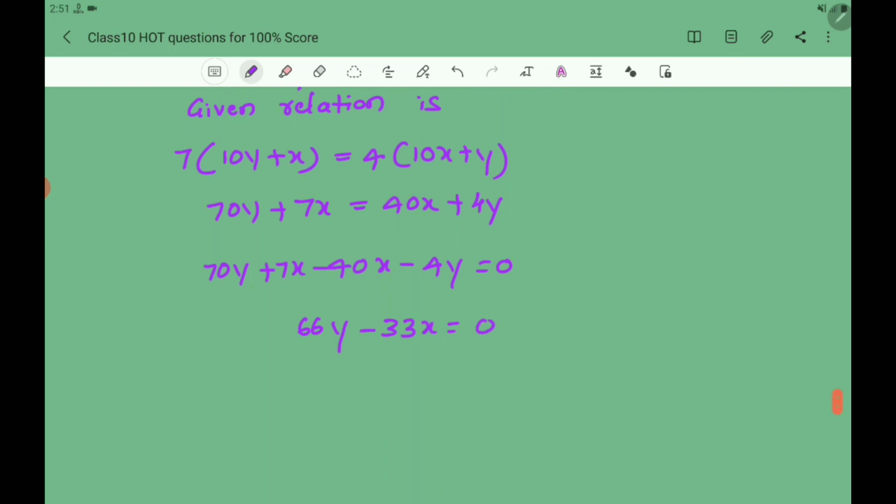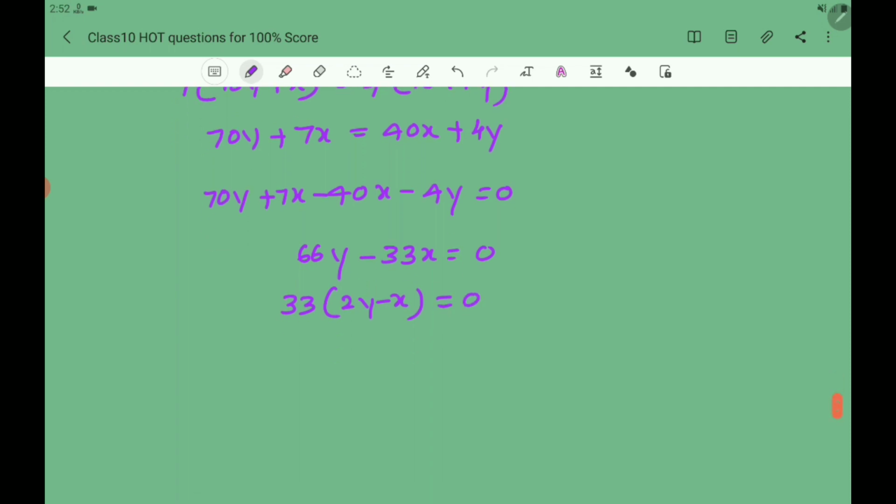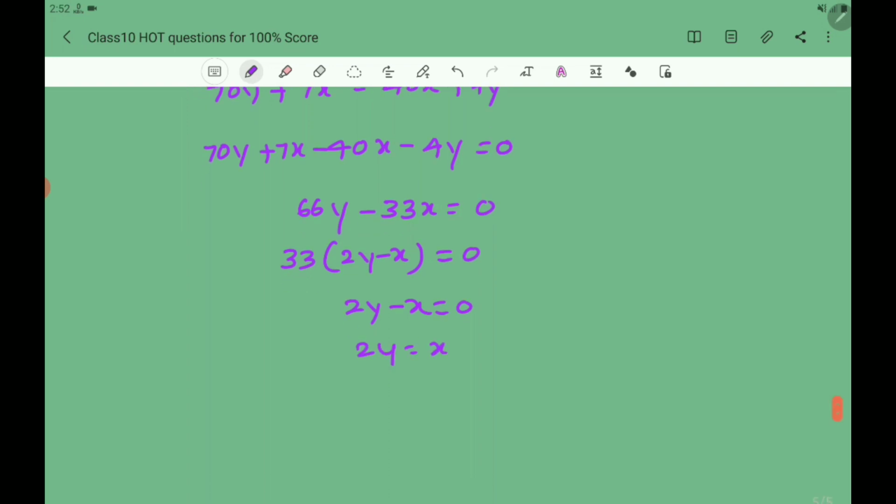Then you can take 33 common here. You know that 66 is the double of 33. Then it becomes 2y minus x equals 0. So you got 2y minus x equals 0, that is 2y is equal to x. You got one relation.